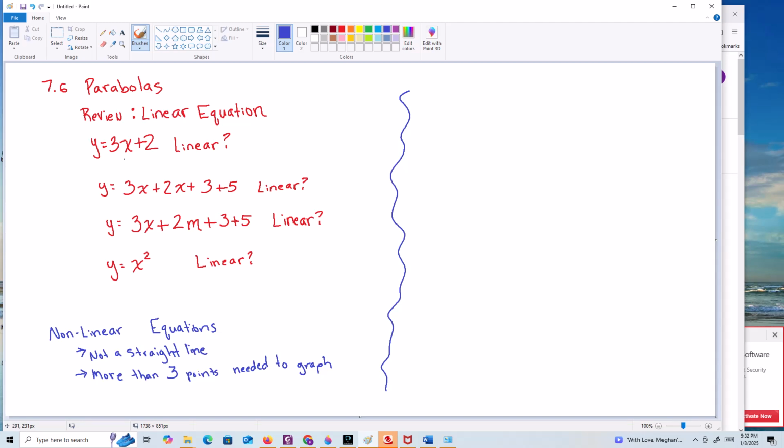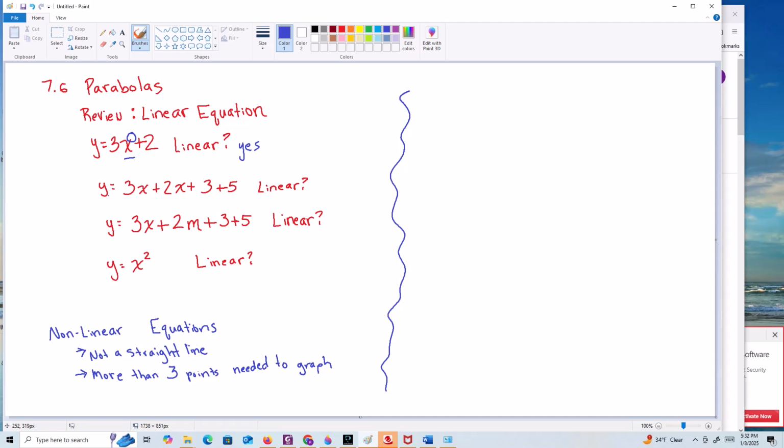And yes, I do. And is the exponent on that variable 1? Yes, it is. If you don't see the exponent, then it is 1. So this is a linear equation.